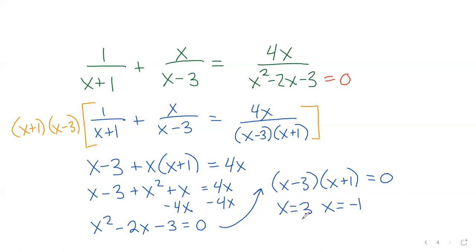Both of these are going to produce a 0 in this denominator. And for that matter, 3 is going to produce a 0 there, and -1 is going to produce a 0 there. So neither of these solutions actually works. We always have to check all the solutions that we get. And in this case, this one has no solution. That'll happen sometimes.